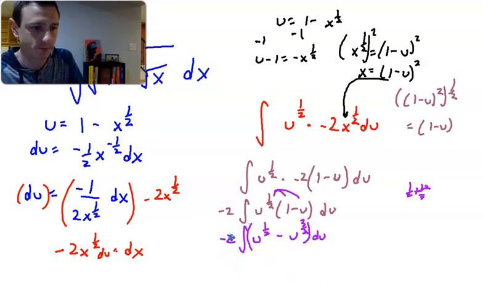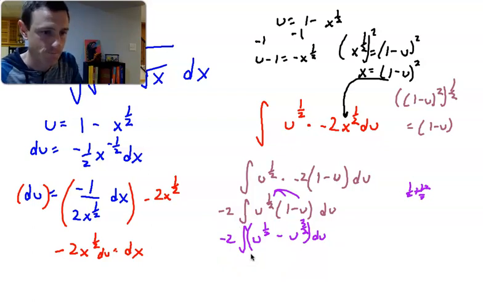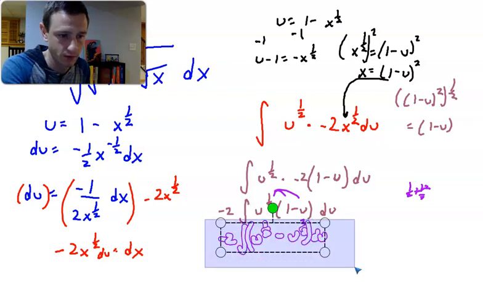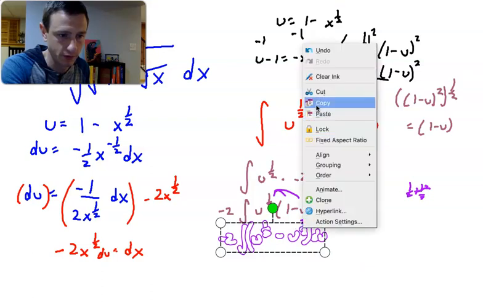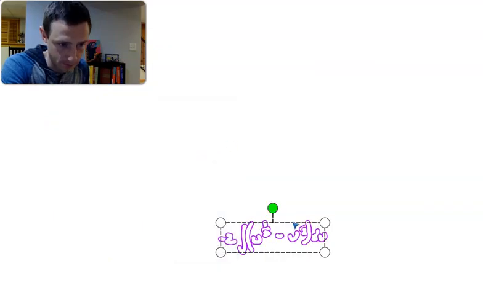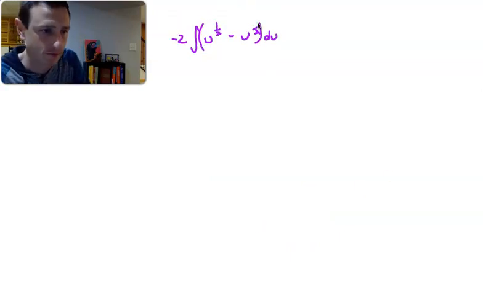Let's take that to a new page, but now it's just integration from here. Okay, so negative 2 times u to the 1/2 is going to be plus 1 over 1/2 plus 1.